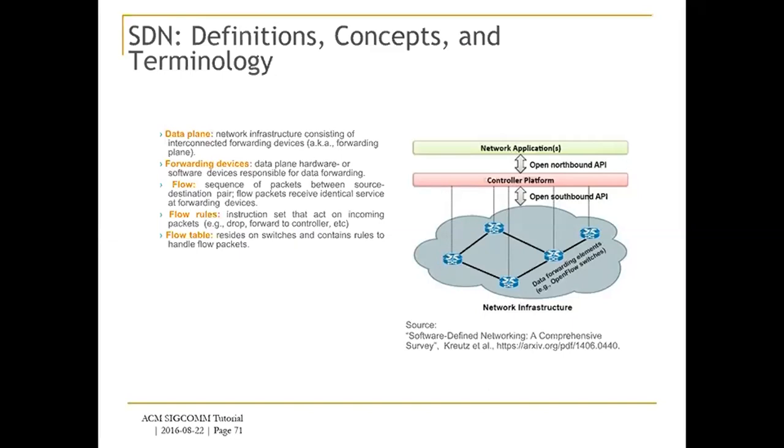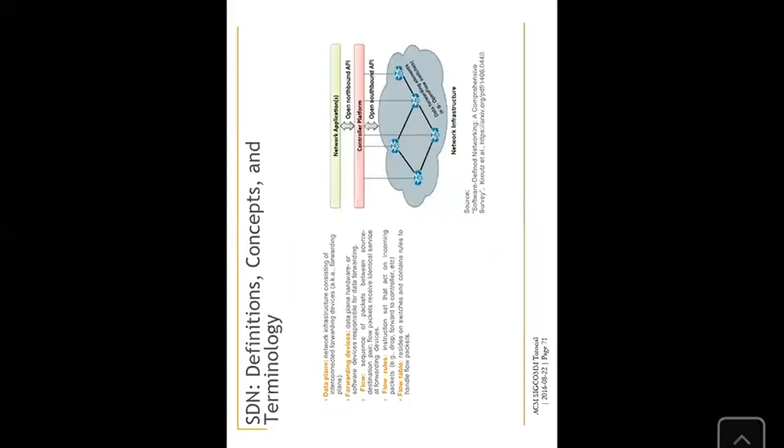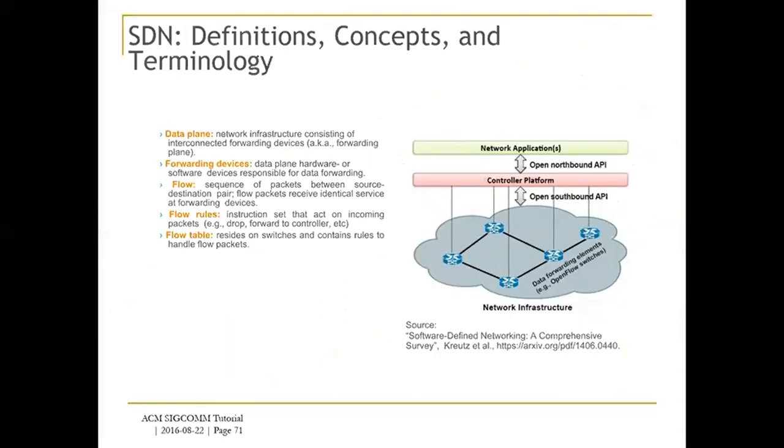Flow rules are the instructions that act on the incoming packets, and flow table consists of the switches and rules to handle the flow. It's just like the role of civil aviation authority for aviation. You know that civil aviation authority is for controlling the planes from one country or one city to another country.